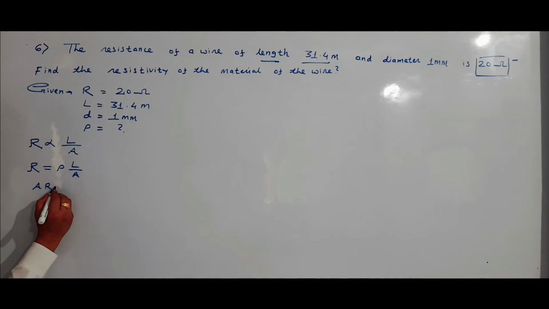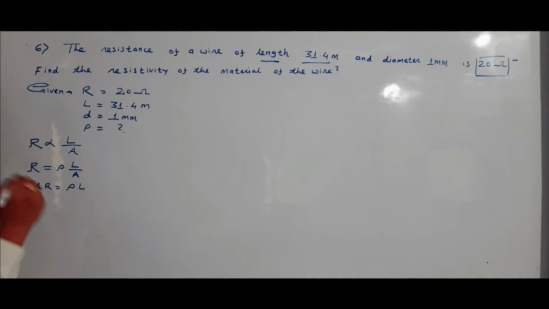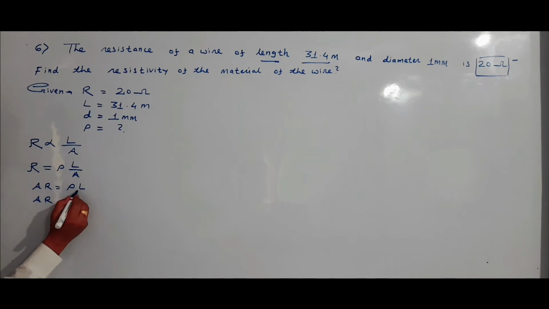A R is equal to resistivity of a material into L, but we have to find resistivity of a material, so we will keep resistivity of the material as it is, A R, and we will take length to the other side of equation. So we can write resistivity of a material is equal to A R upon L.